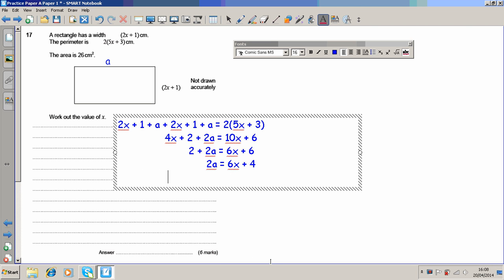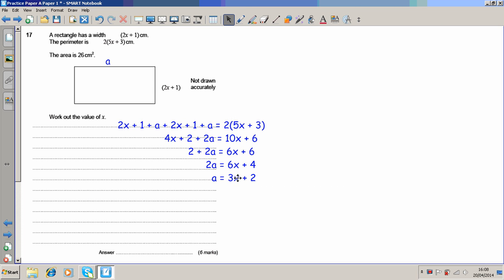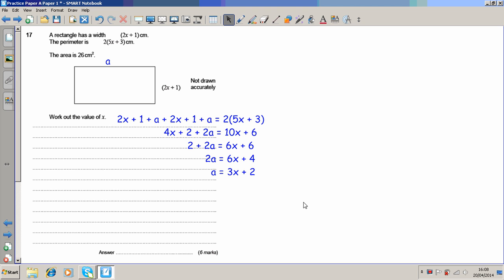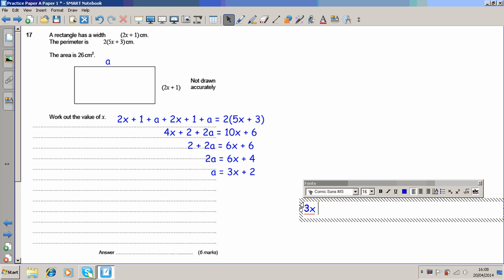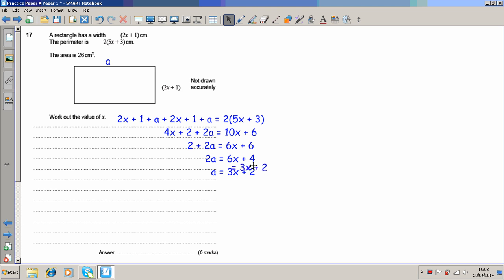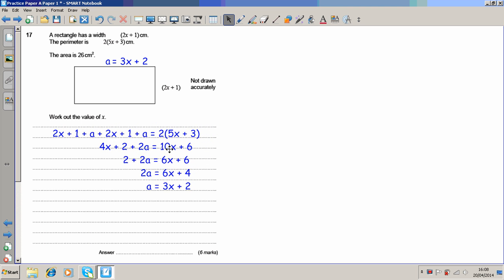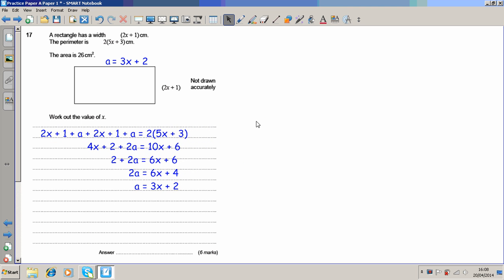So finally, if I want to get a, I have to halve everything. Half of 6x is 3x, and half of 4 is 2. So I now know that that length there is 3x plus 2. Okay, so that's so far so good.